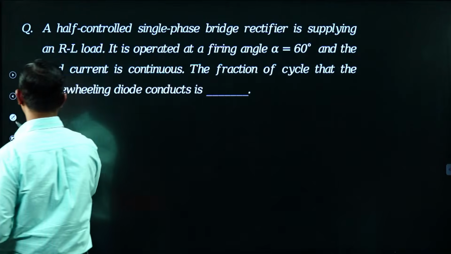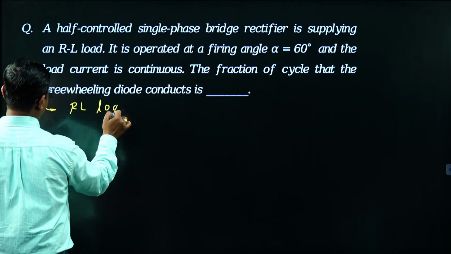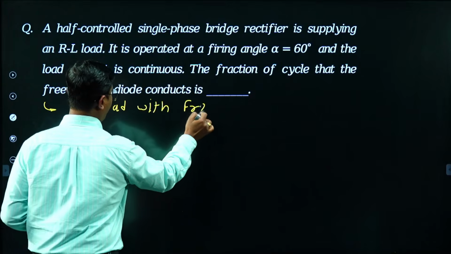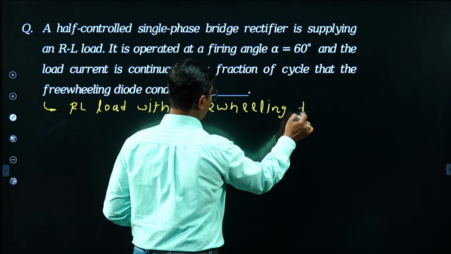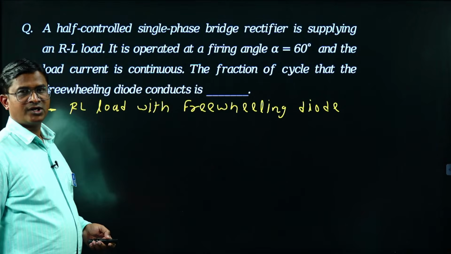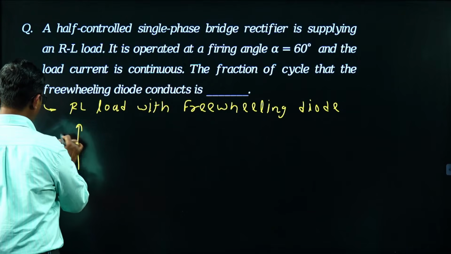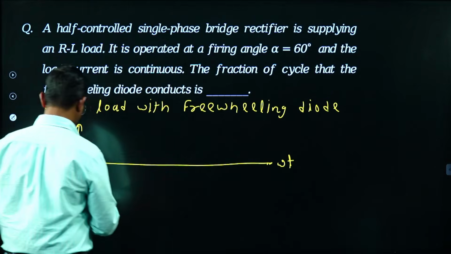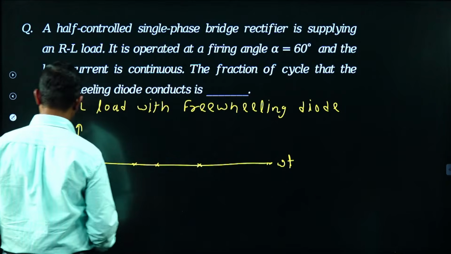Freewheeling diode conducts means the load is now RLFD, RL load with the freewheeling diode. Now for this, if you recall the conduction sequence of devices, let me draw the waveform of V0 and in that we can write the conduction sequence. 0 to alpha, alpha to pi, pi to pi plus alpha and 2 pi.